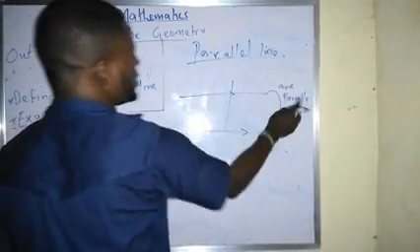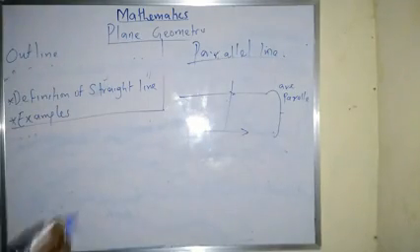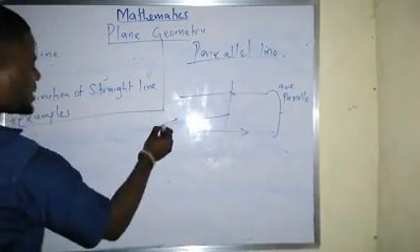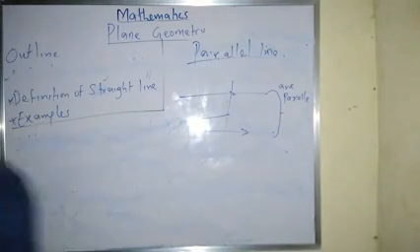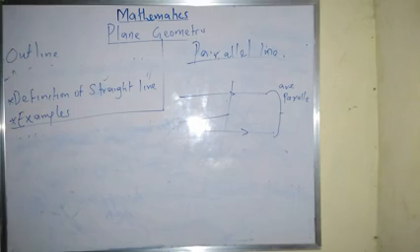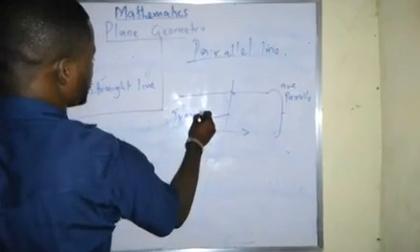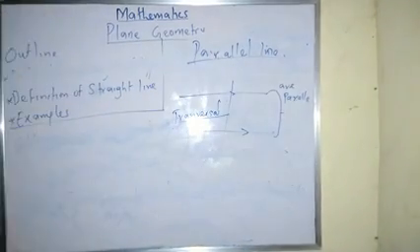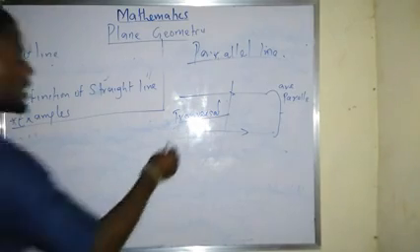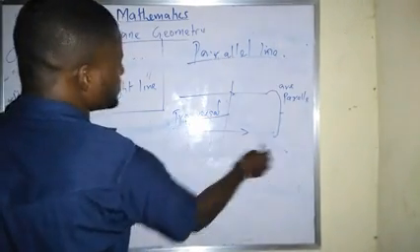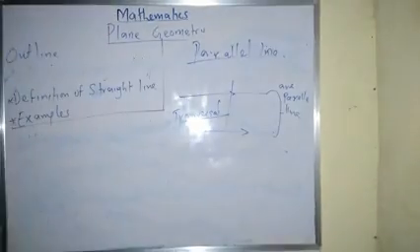Now, this line we call the transversal. This is the transversal line, and these two lines are parallel. Take note of that information.